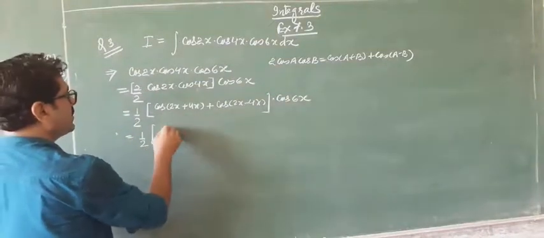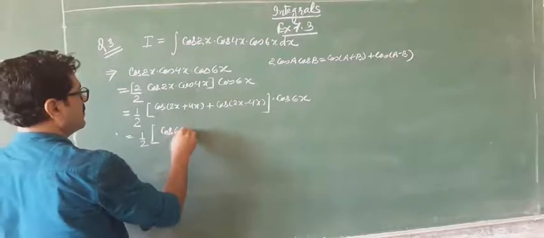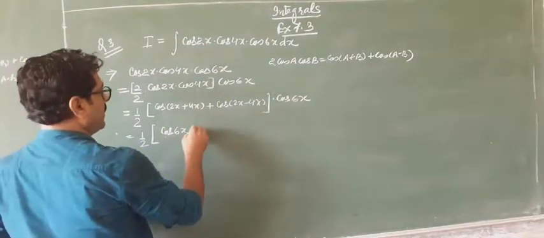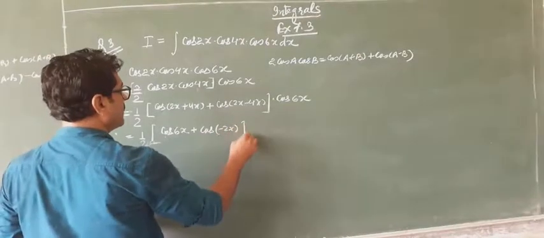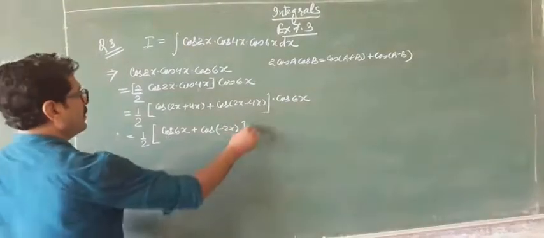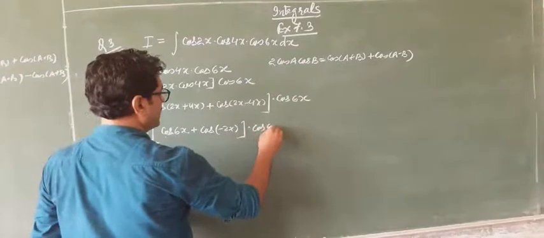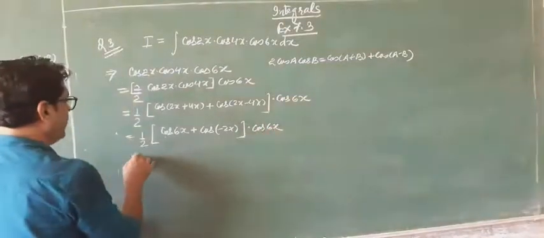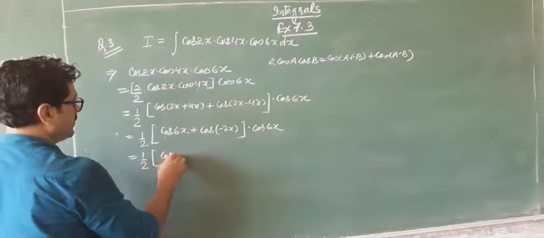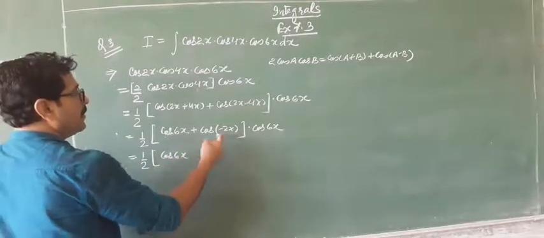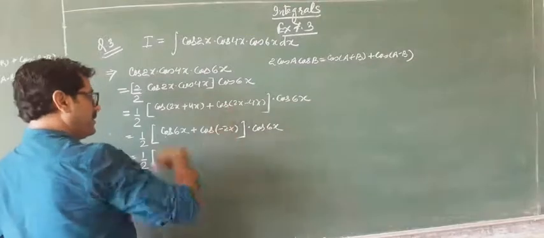So this is 1 by 2, this is cos of 6x plus cos of minus 2x into cos of 6x. Again 1 by 2, this is cos of 6x. Cos minus theta is cos theta.